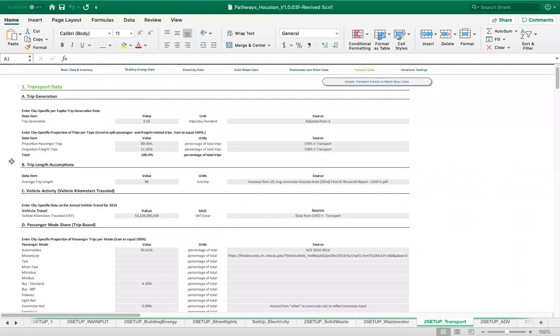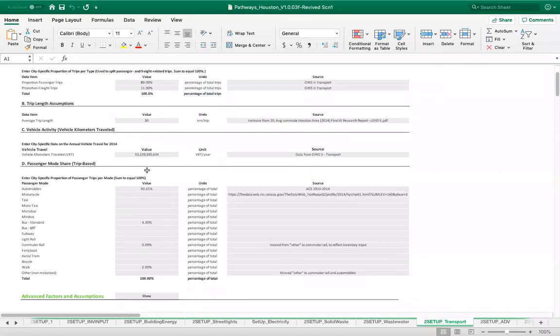And as you might expect, it's the mode split within the current passenger travel habits that really are defining the nature of the emissions as well as the distance traveled. And so there is the ability to specify the current mode split.